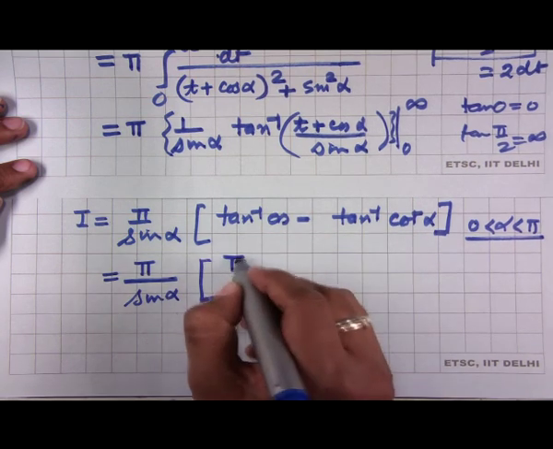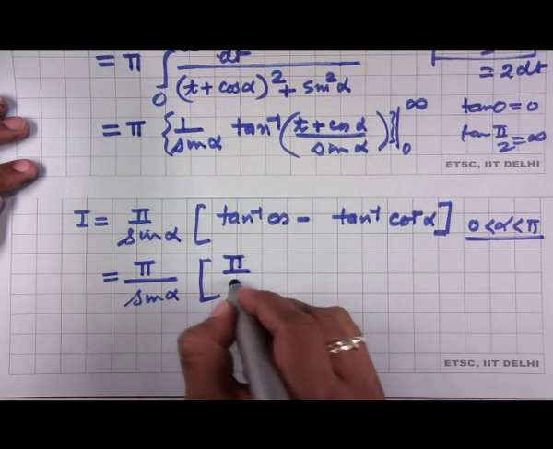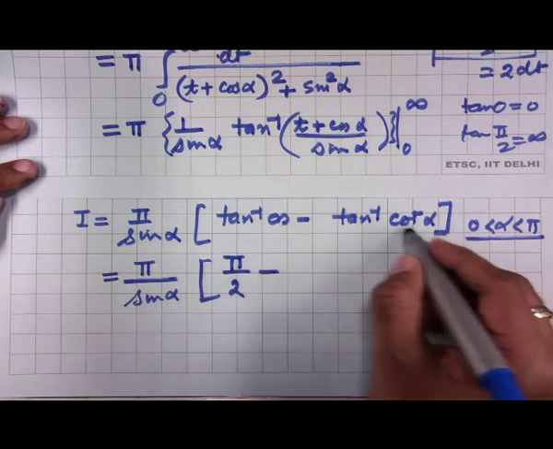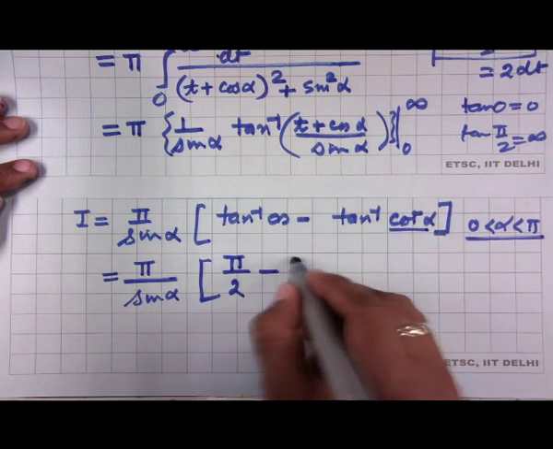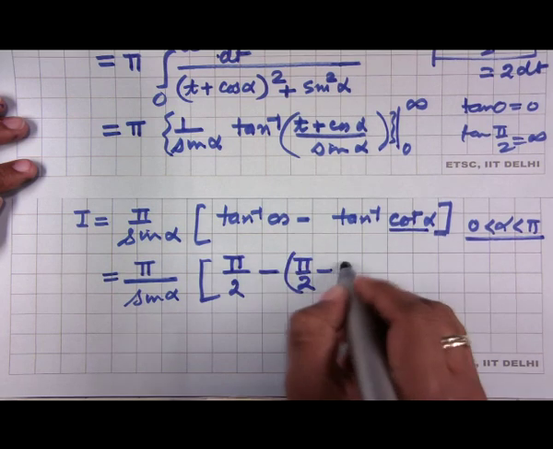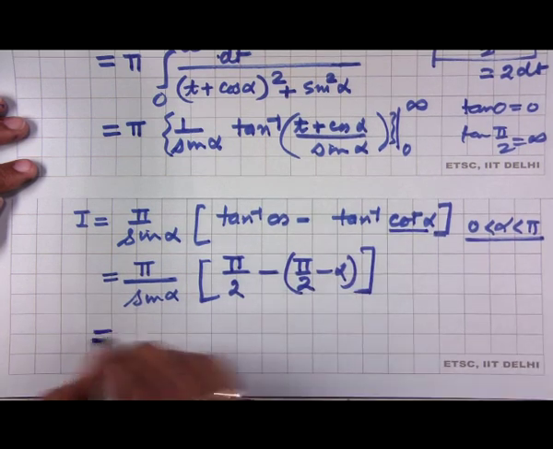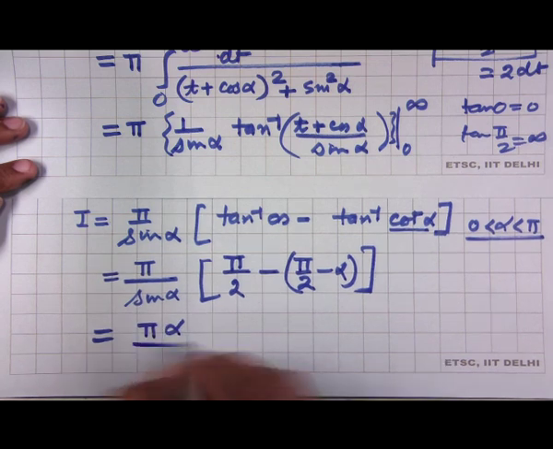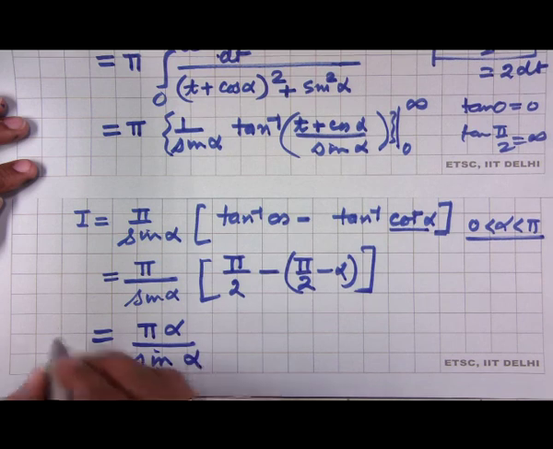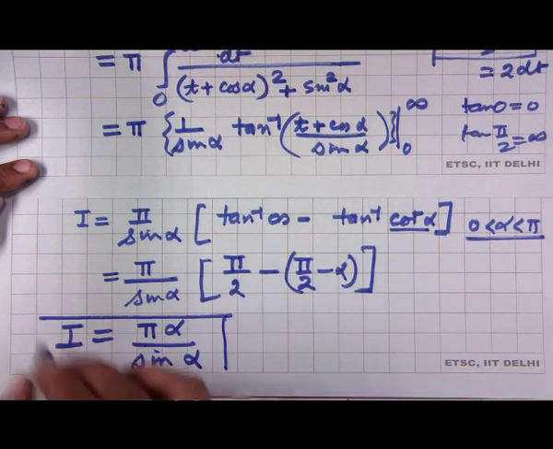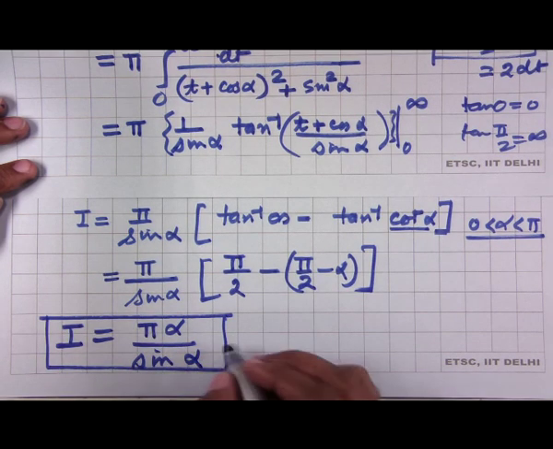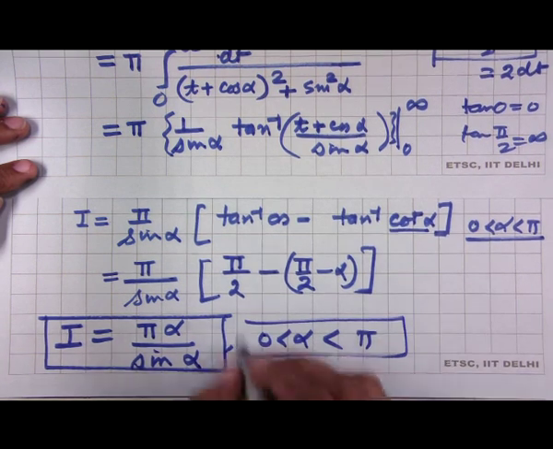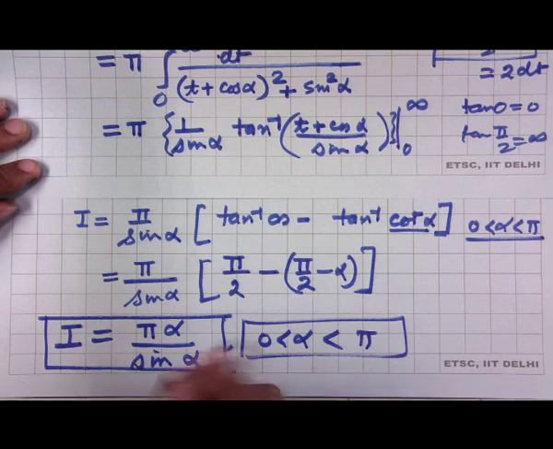This will give you pi by 2 minus, this you can write as tan inverse of tan of pi by 2 minus alpha, so the value of the integration is pi alpha by sin alpha. So the final value of the integration is pi alpha by sin alpha, where alpha is given to be between 0 and pi. This completes the solution of this problem.